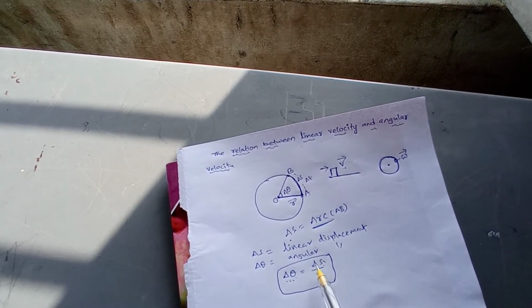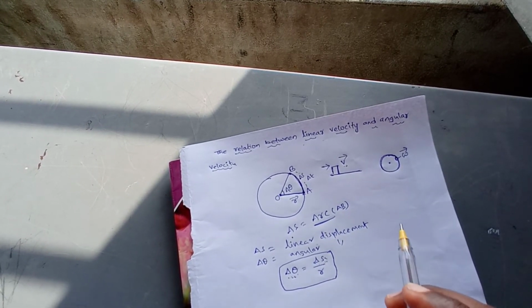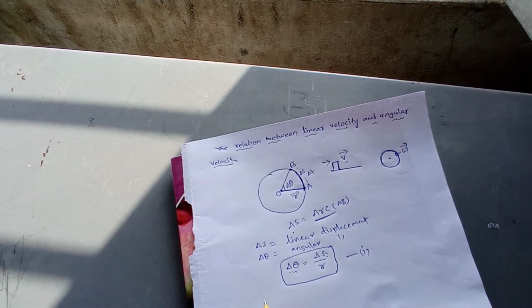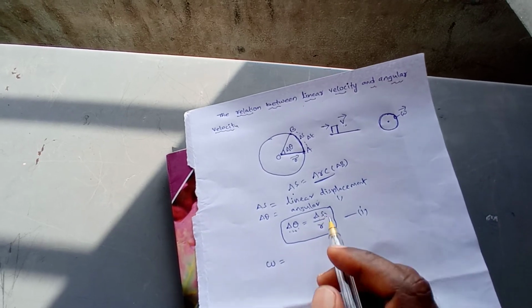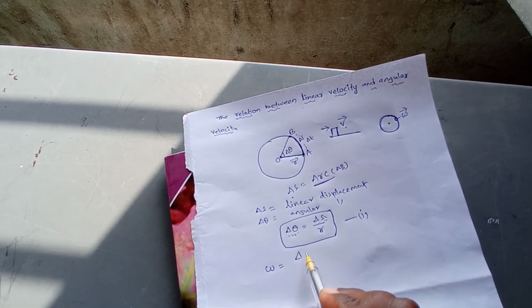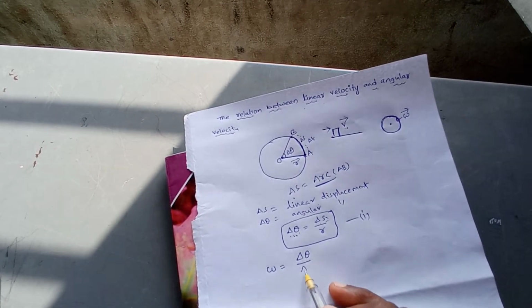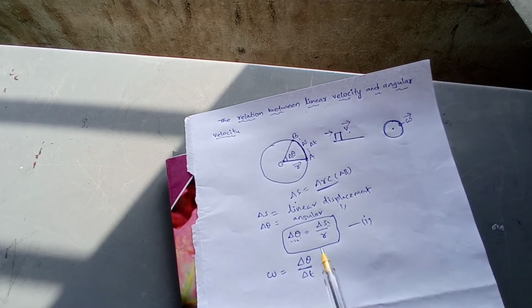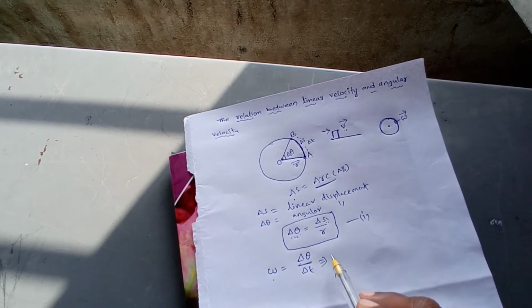Suppose this is equation 1. So what is angular velocity? Angular velocity omega is equal to the rate of change of angular displacement, that is delta theta by delta t. It gives angular velocity.